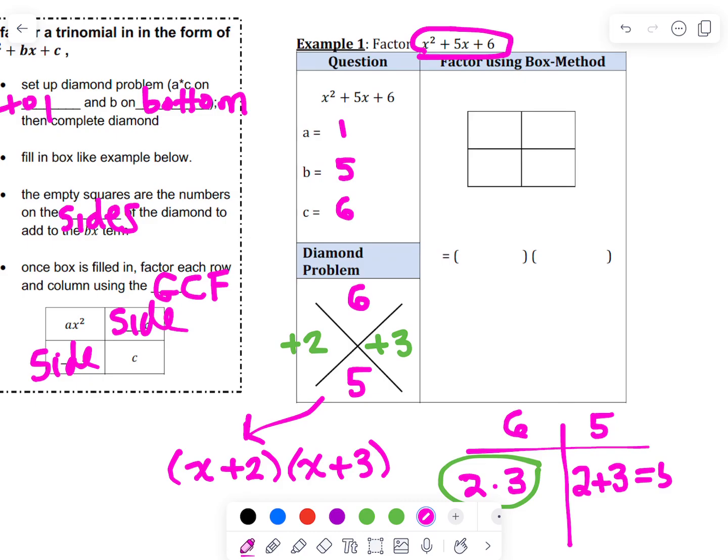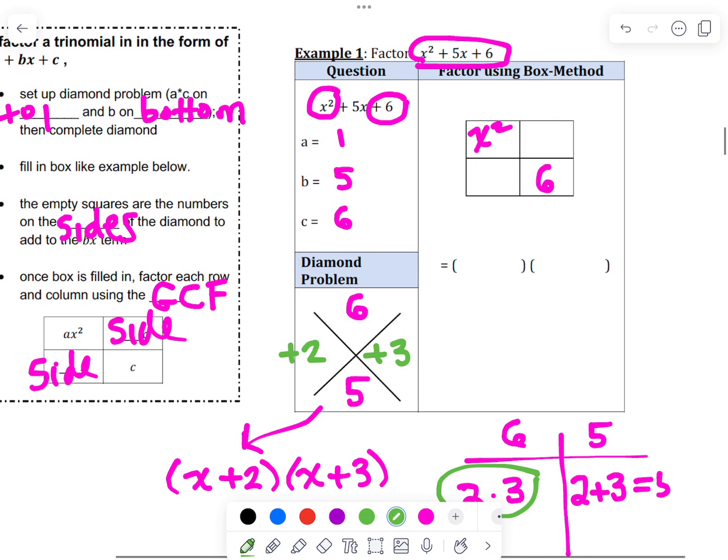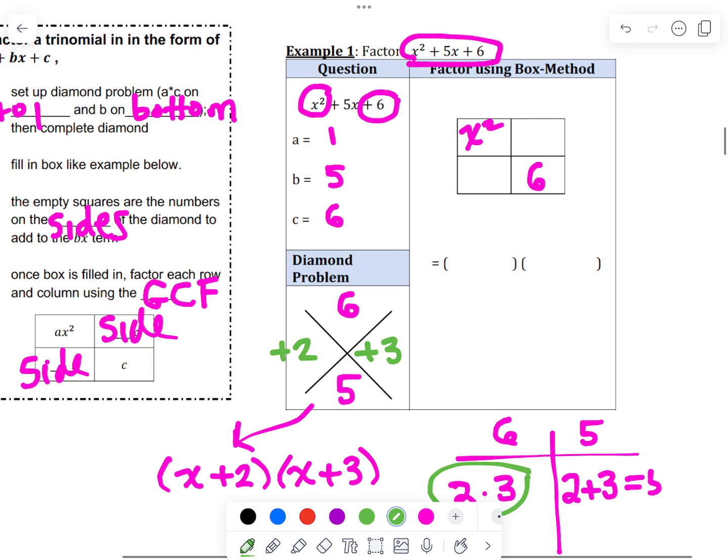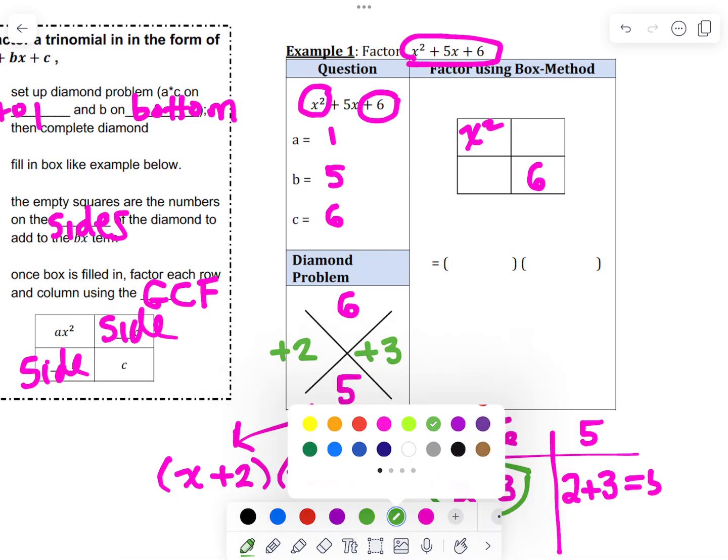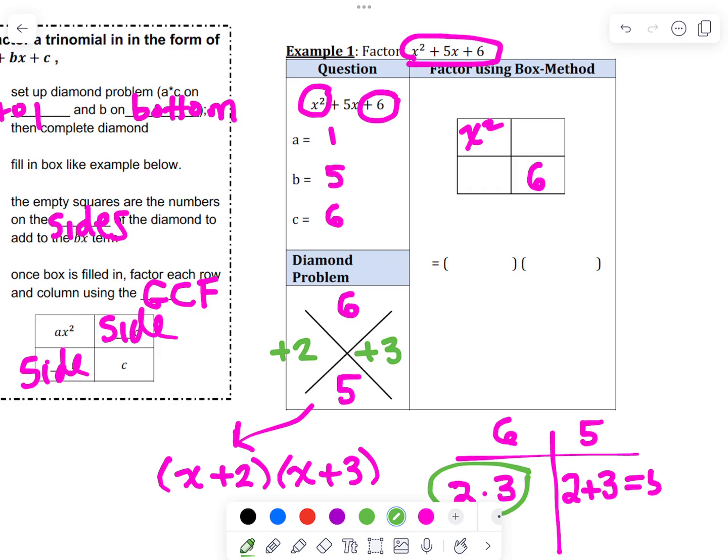So the first box in the upper left-hand corner is going to be your x squared term. The bottom right of your box is going to be your C term, 6. Then the sides of your diamond with the variable x are going to be the other two. So positive 2x, positive 3x. And you can put those two green numbers either or in that.